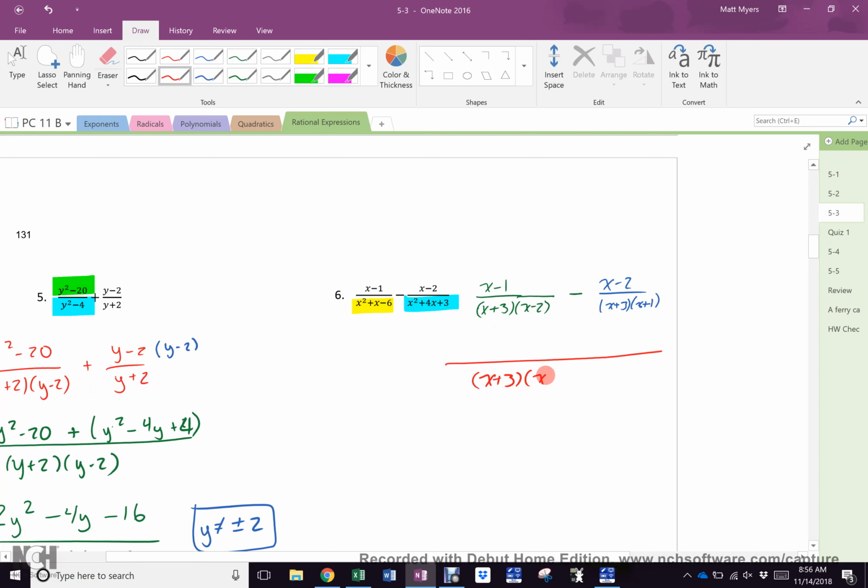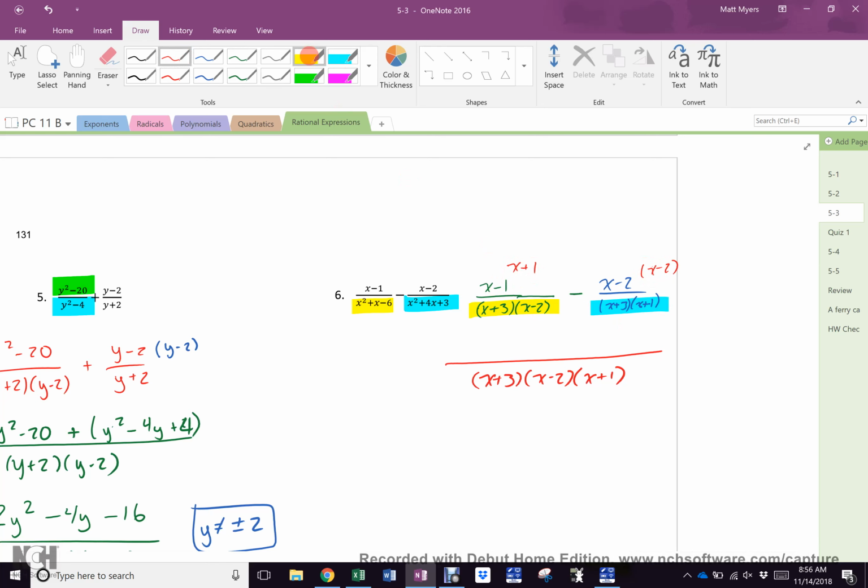An x minus 2 and x plus 1. What does that guy have? X plus 3 and x minus 2. He's got the 3 and the 2. What's he missing? The 1. So what does this one have to multiply by? X plus 1. What does this guy have? X plus 3 and x plus 1. The 3 and the 1. What's he missing? 2. So this guy needs x minus 2.